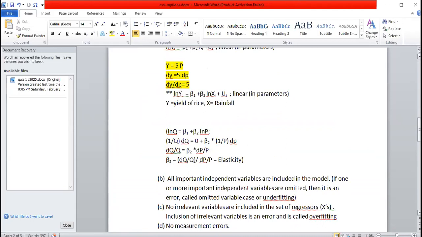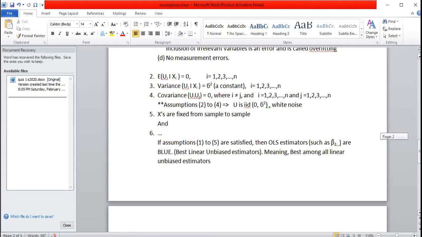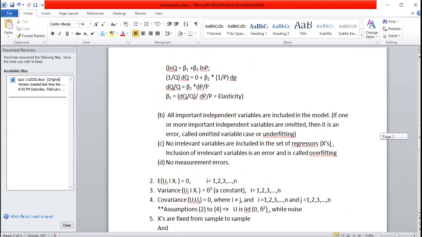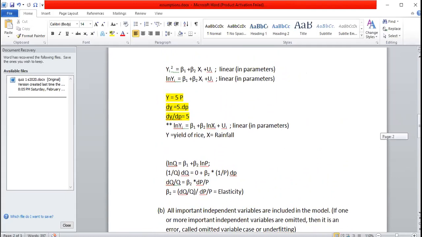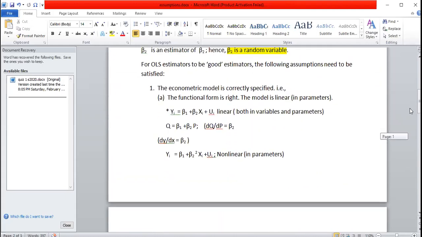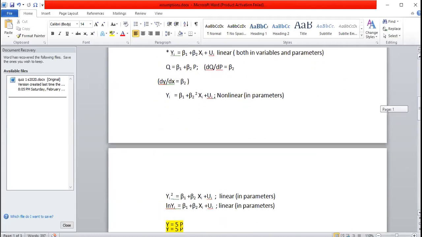Are they good enough to represent beta 1 and beta 2 population parameters, which we don't know, nobody knows? Then he said, they will be good if 5 assumptions, actually more, but for now let's talk about 5, are satisfied. Assumption number 1, the model is correctly specified. Basically saying the functional form is right, the model is linear in parameters.